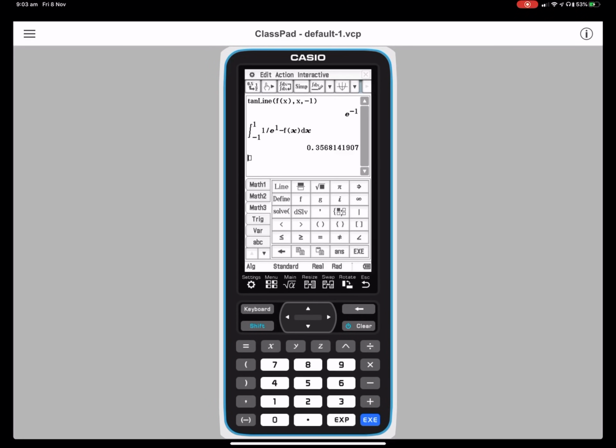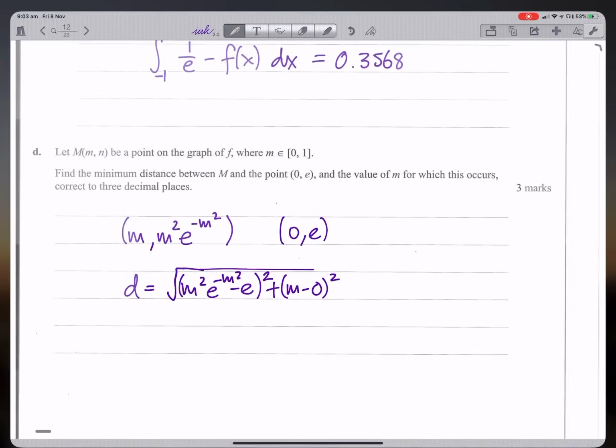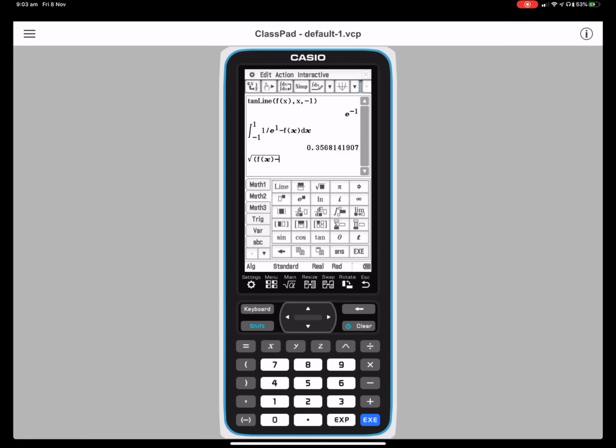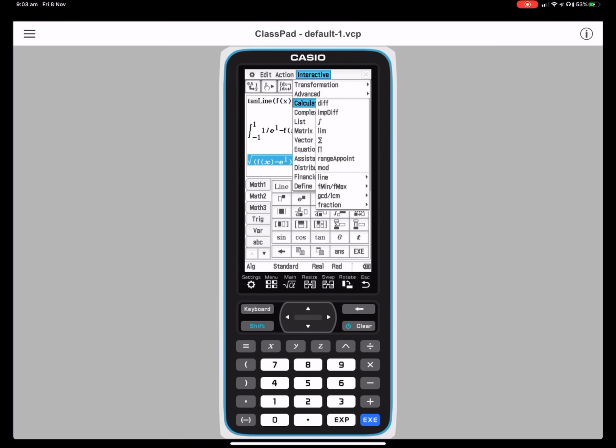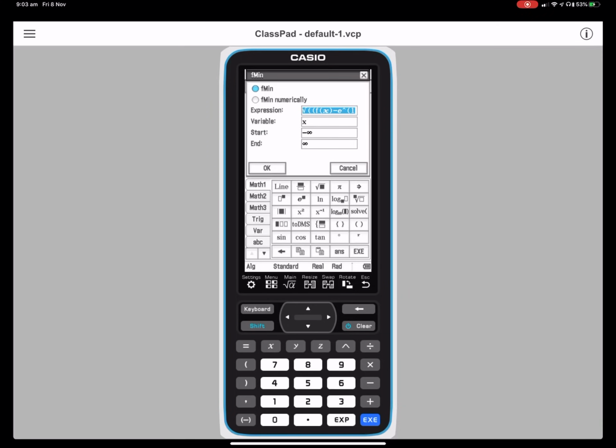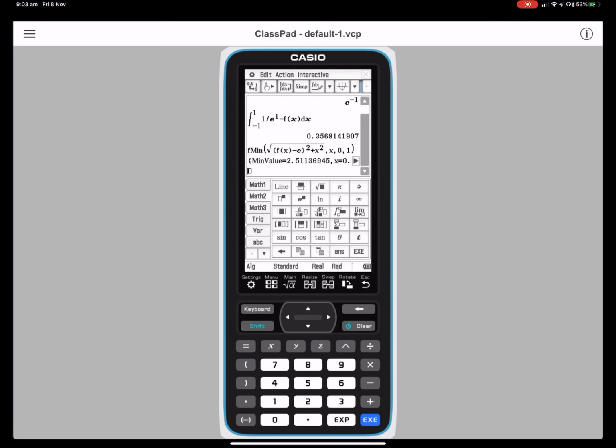Okay, so we want that, and then f of x minus, was the other point e, 0e, bloody hell, 0e, so e to the 1 squared plus x squared. We want to find when that's a min, f min, between 0 and 1. Okay, x equals 0.783, 2.511.